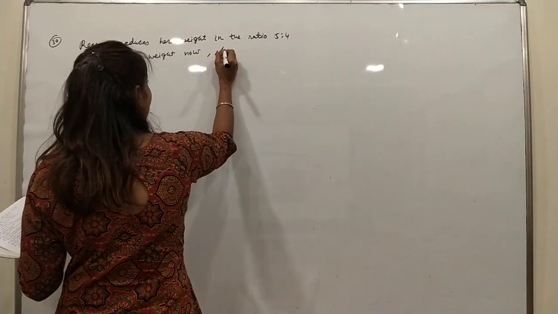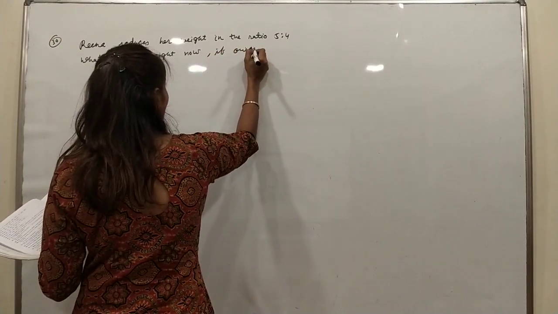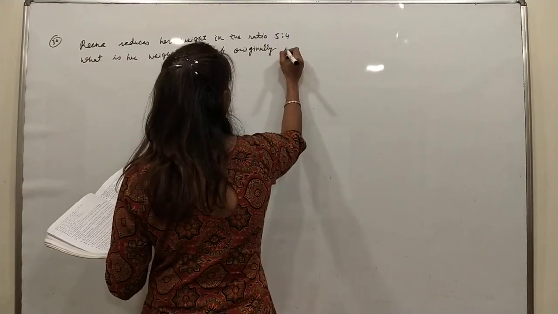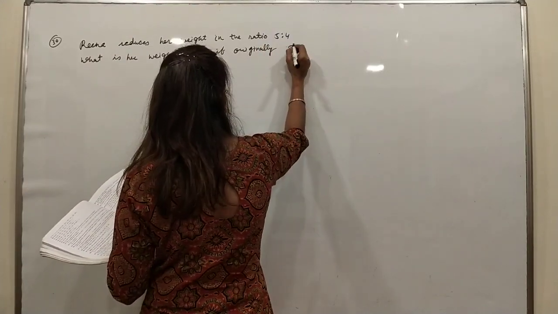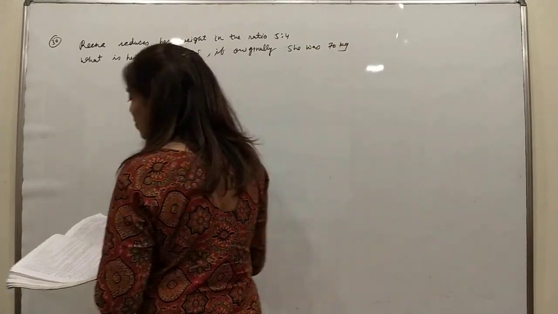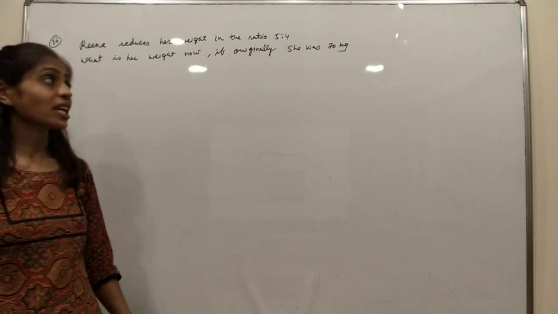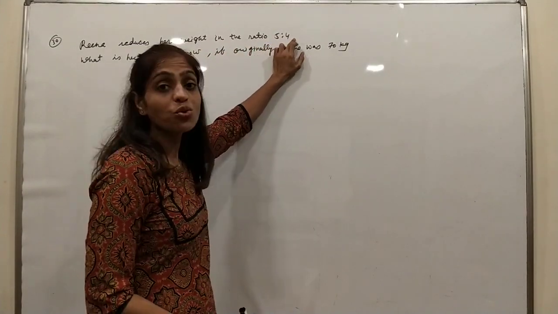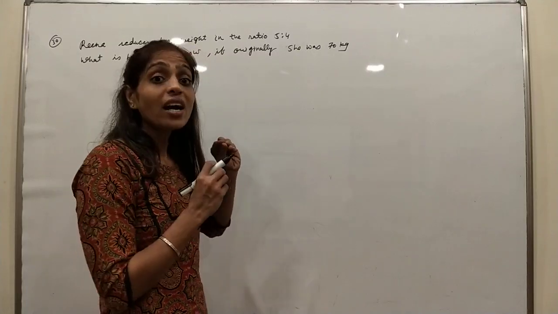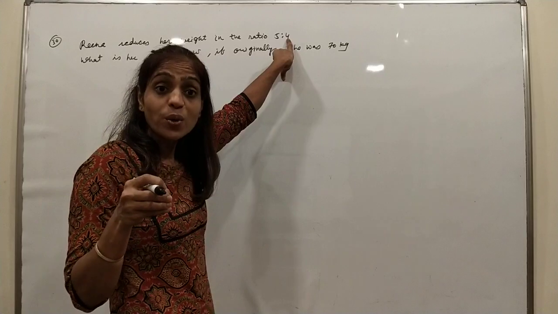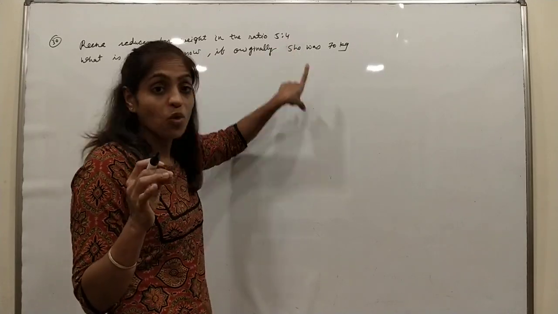If originally she was 70 kg. Reena reduces her weight in the ratio 5:4. Initially her weight was 5 parts, but now after reducing her weight is 4 parts.